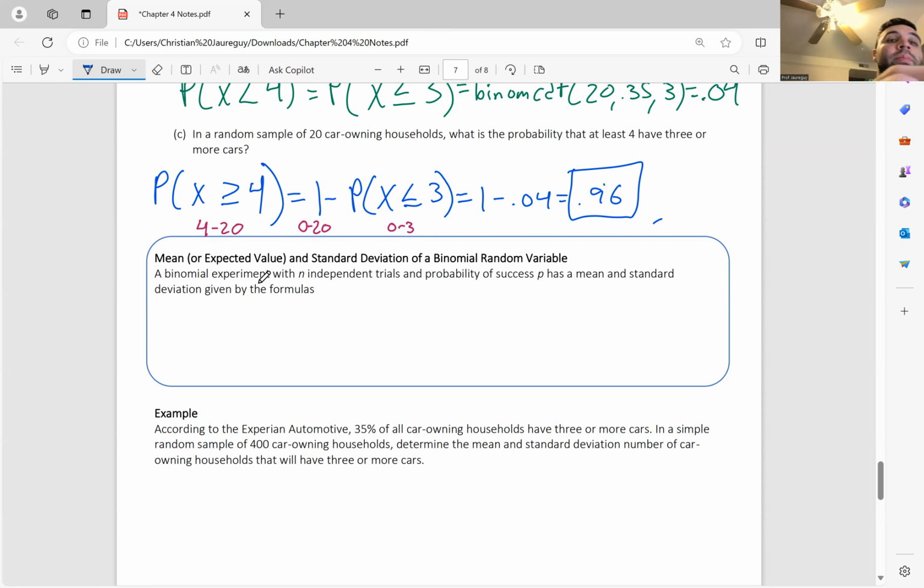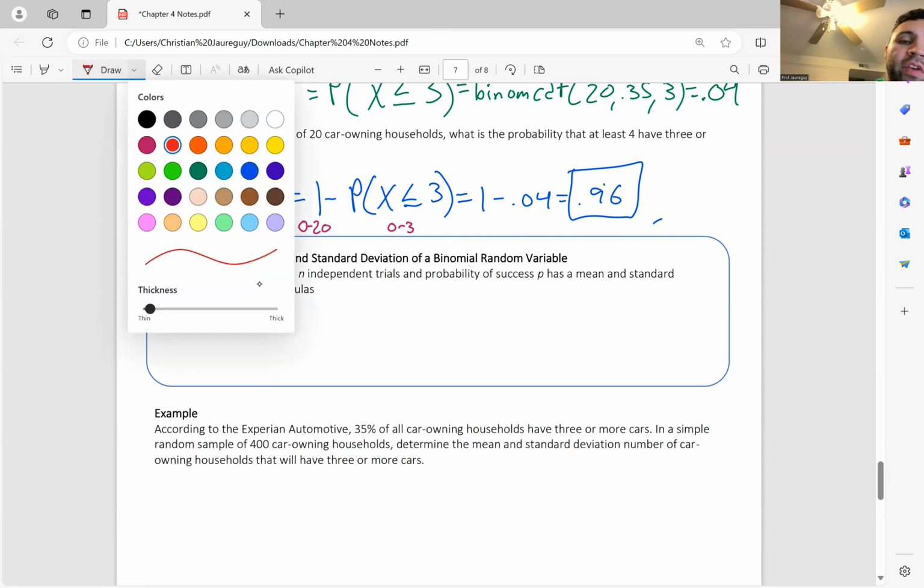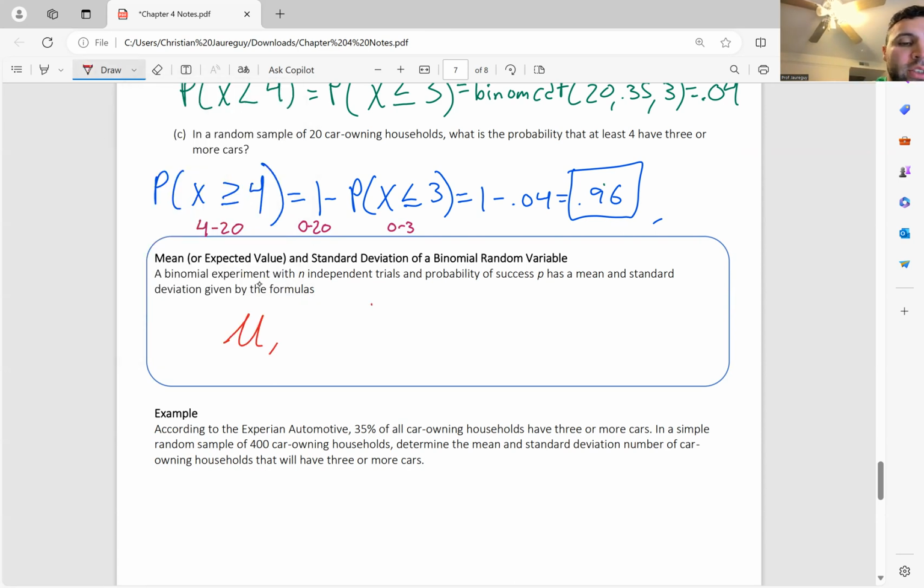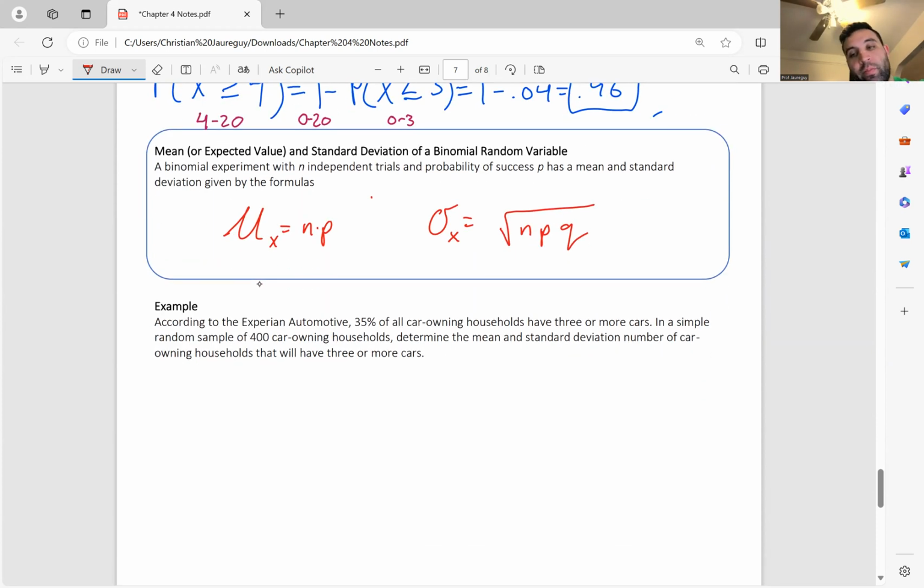But if I know it's binomial, pretty convenient. Mu of x is n times p. Just multiply. And sigma of x would be square root of npq. Pretty nice formulas to fall out right here.